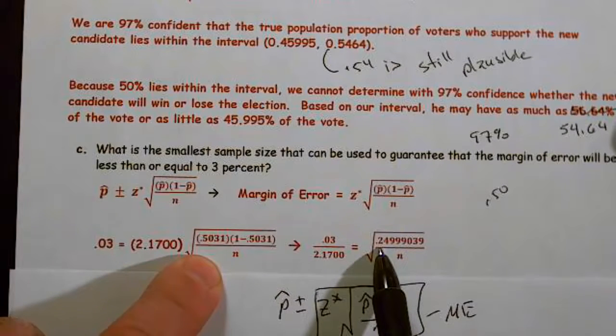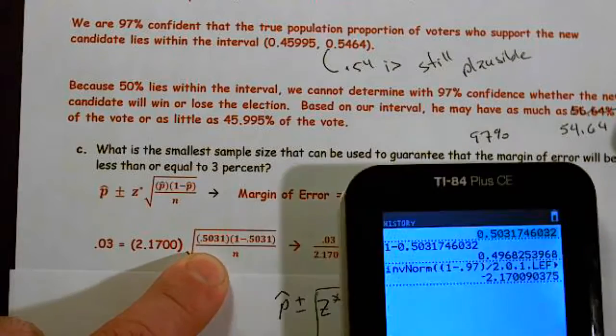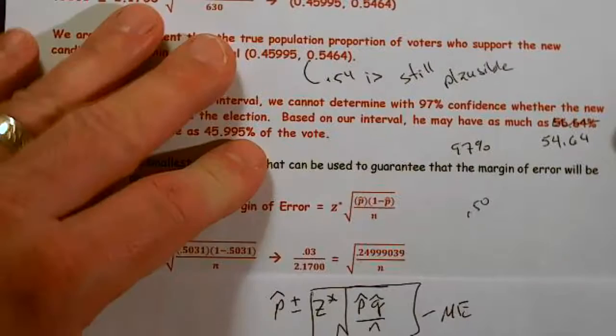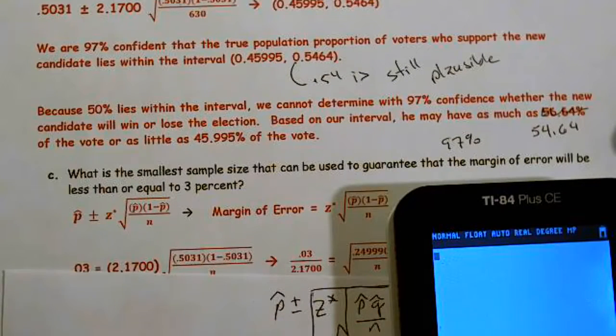I'm going to divide both sides by this. And by the way, when I multiply those two numbers, let's do this so I can show you where I got the 0.25, because that's almost 25%. So 0.5031 times parenthesis 1 minus 0.5031, close parenthesis, is 0.24999039.